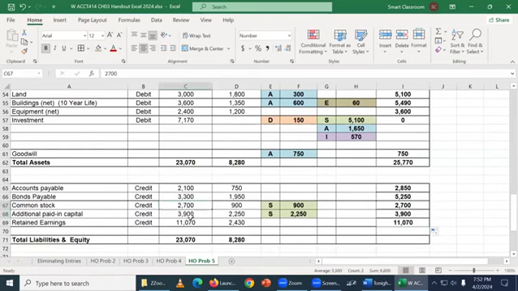So again, those are exactly the same. No one has this stock included in the parent company's. Okay, and hopefully these balance. Yay, they do.